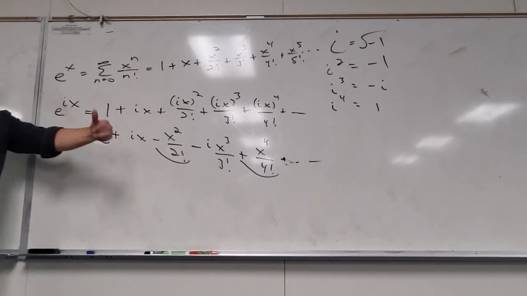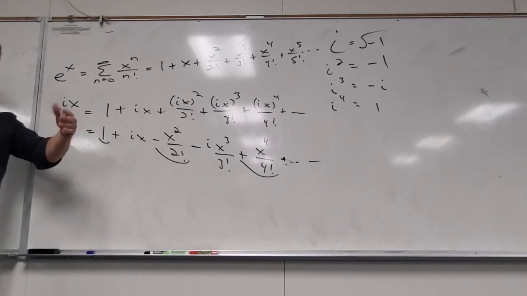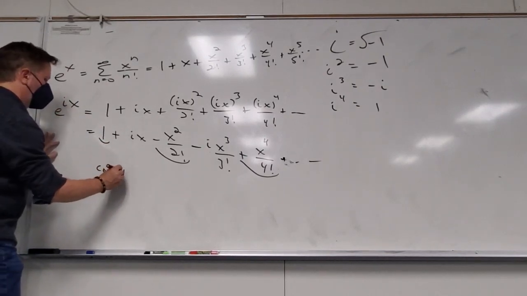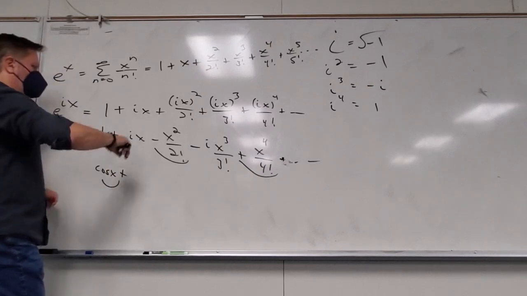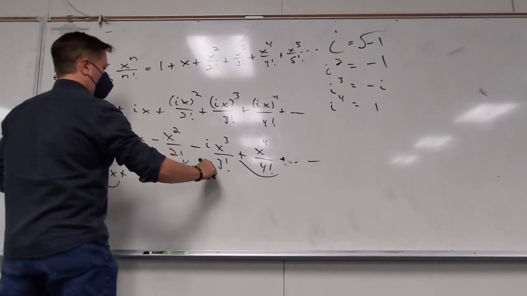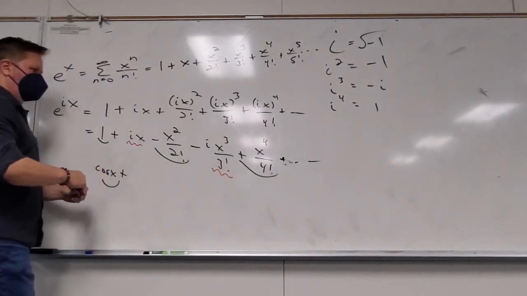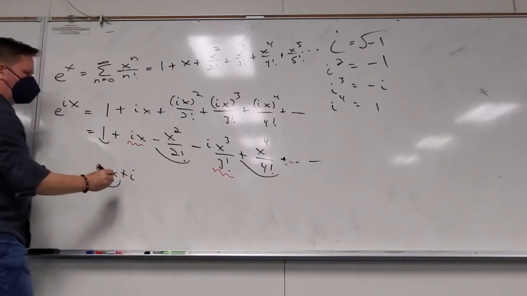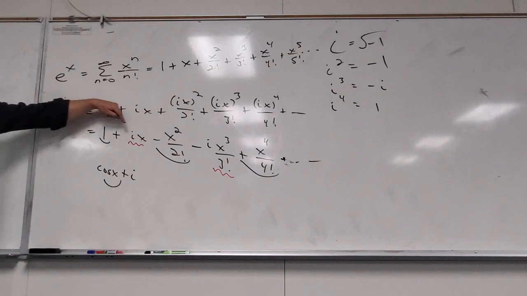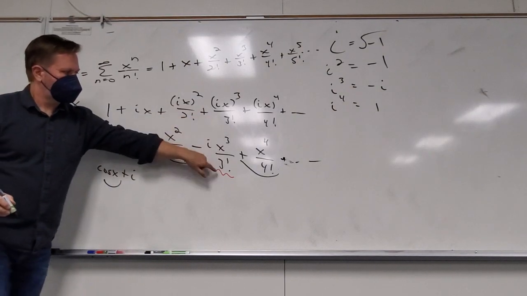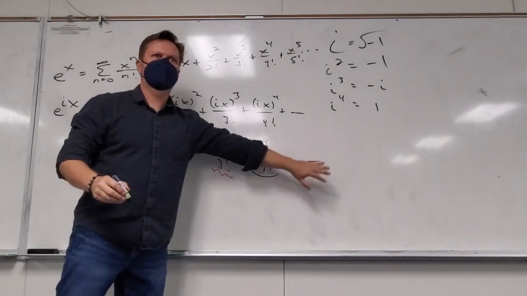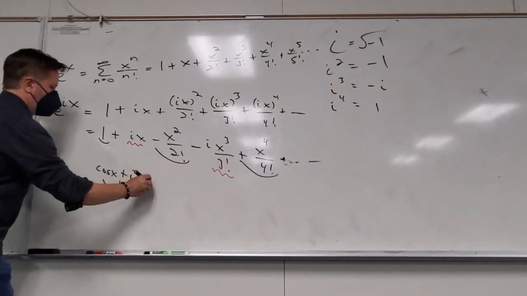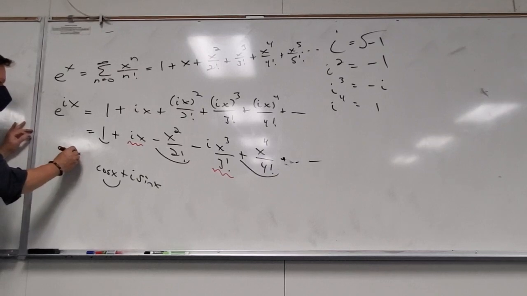It's a series we just had up here a minute ago. That's cosine. These make cosine. Look at the odd terms. If you take out an I, don't you get x minus x cubed over 3 factorial plus x to the 5th over 5 factorial? That's sine. So we just showed that e to the ix equals cosine x plus I sine x.